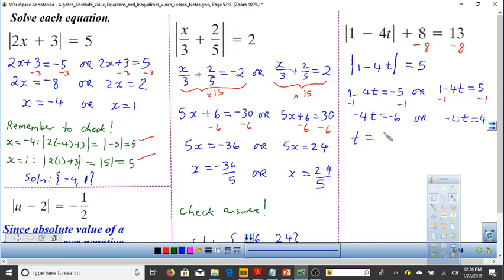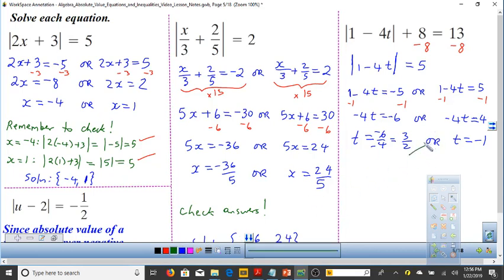So in this case, t is equal to 6 over 4, which is the same thing as 3/2, or in this case, t is equal to negative 1. And of course, remember to check. 4 times 3/2 is going to be 6, and 1 minus 6 is negative 5, and the absolute value of negative 5 is 5. 5 plus 8 is 13. So this one checks out.